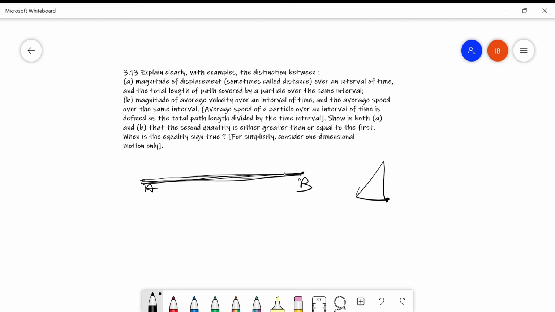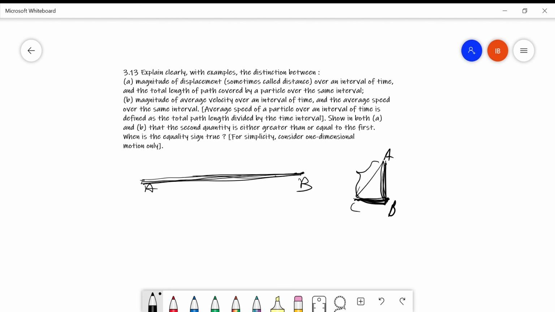Let's name this triangle as A, B, and C. So a car starts from A, goes to B, and goes to C. Distance will be the total distance covered, the path length. That's AB plus BC. Displacement is the shortest distance. So instead of taking AB plus BC, we'll take AC. That's the only difference.